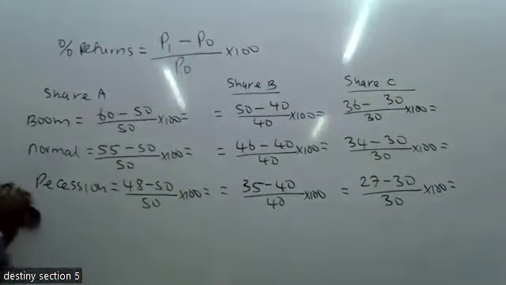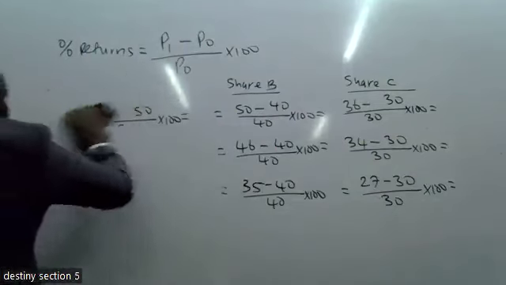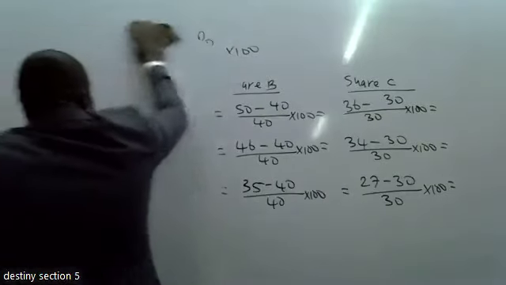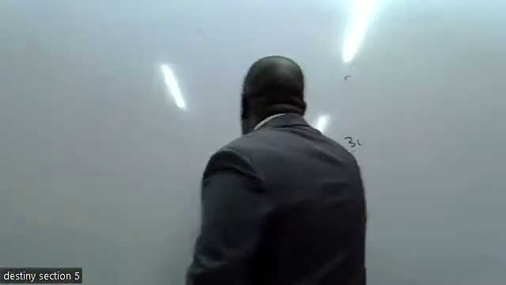So once we have this information, we need to come up with the total market value to give you the proportions.